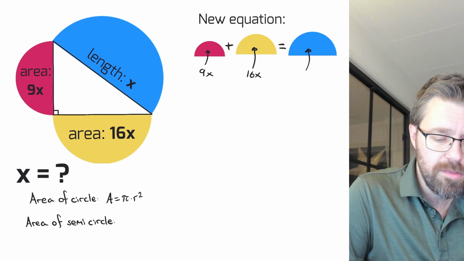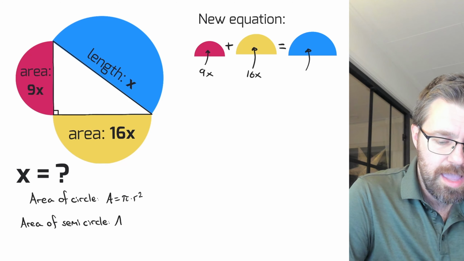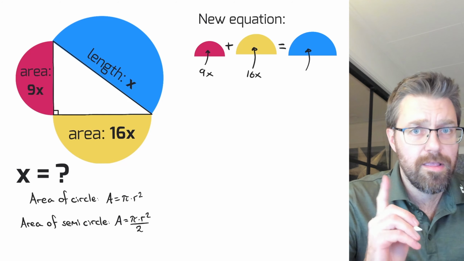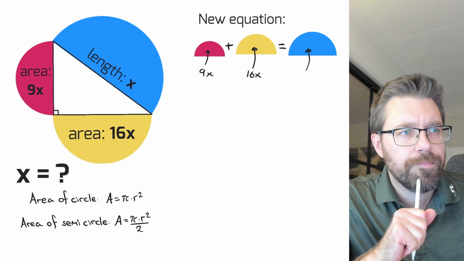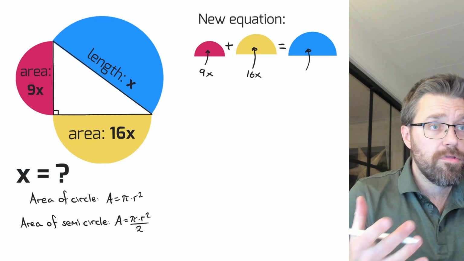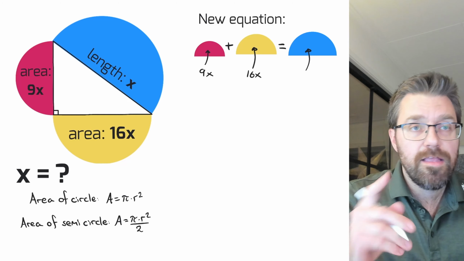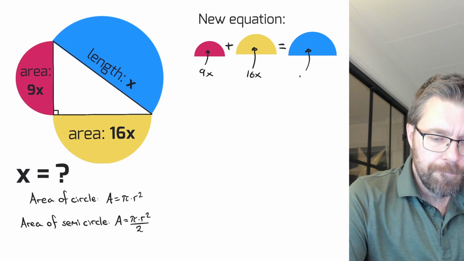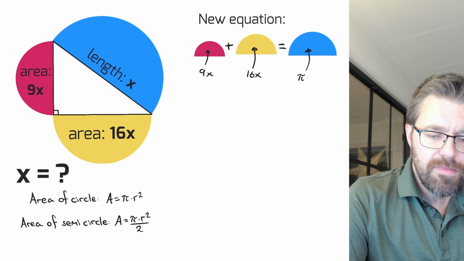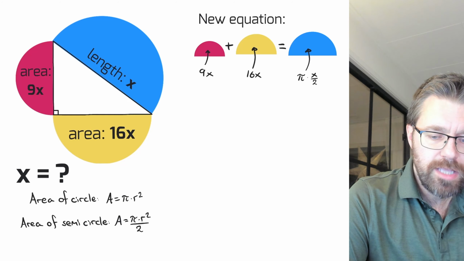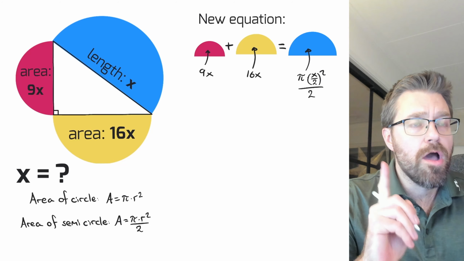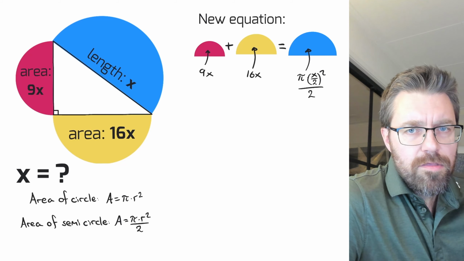And for a semicircle, the area equals pi times r squared divided by 2, where r is the radius of the circle. The radius in our circle is x divided by 2. So if we take pi times x divided by 2, the radius, squared, and divided by 2, then we get the area of the blue semicircle.